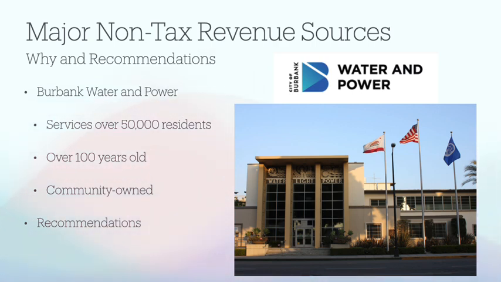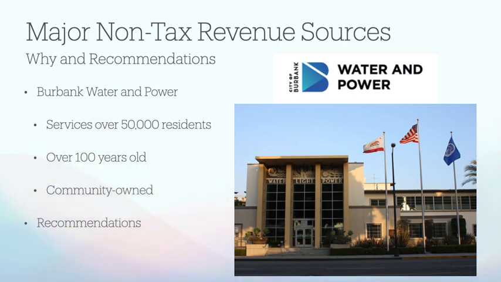And of course, my recommendation would be that Burbank Water and Power continue to operate its own electricity and water utility services because it is city owned. The local jurisdiction and the community has more control over their user rates. Any rates will most likely have to go out to vote to its community members. So it creates this sense of accountability.